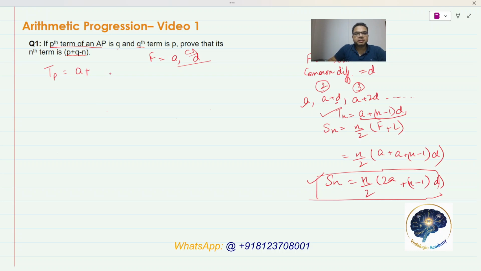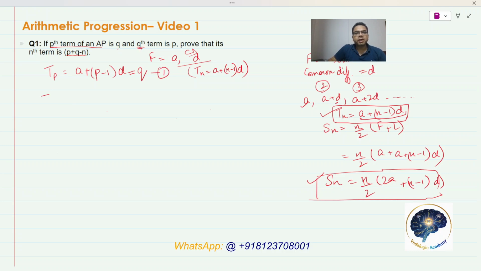I'll apply this formula here: A plus (P minus 1) into D, because Tn is A plus (n minus 1) into D. But this equals Q, since the pth term of the AP is Q. This is given, so this is our first equation.